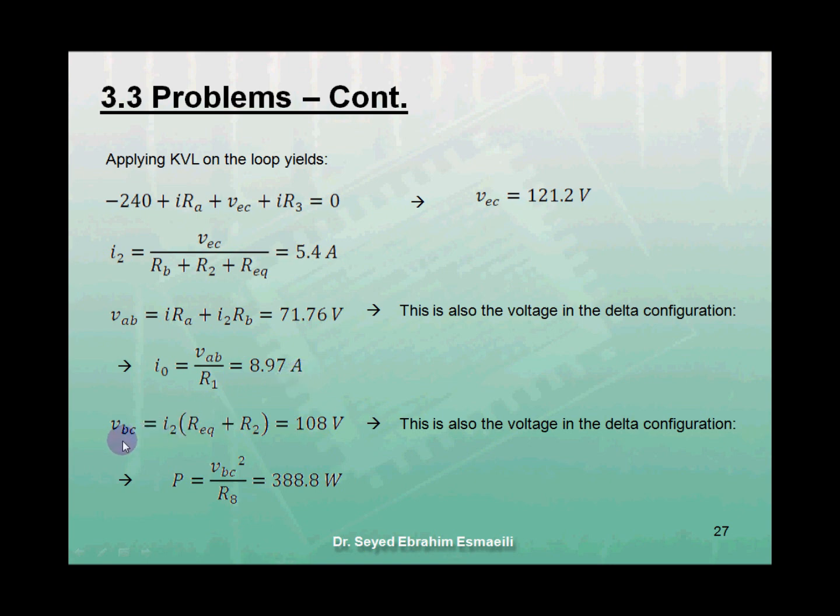The voltage difference between nodes B and C, VBC, equals I2 times R equivalent plus R2, equals 108 volts.